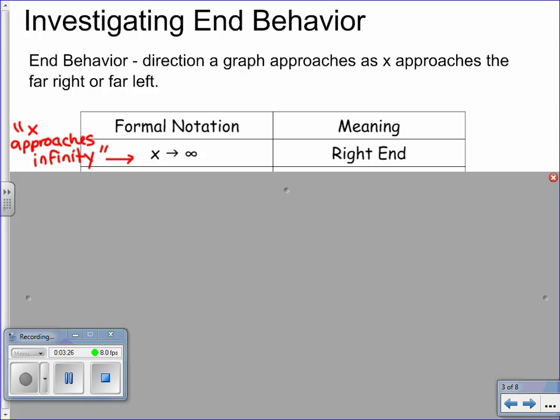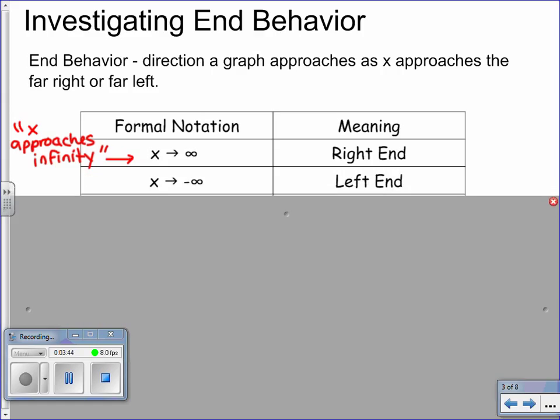So when a mathematician writes this symbolic notation, we read that as x approaches infinity. Now we have to have the same sort of notation, but we have to show that we're working on the left end of our graph. So then we're going to change our infinity from positive to negative. As x approaches negative infinity, we're talking about the left end of our graph.